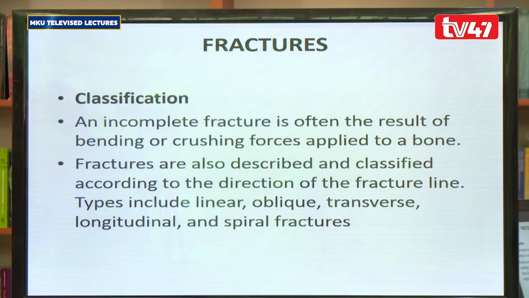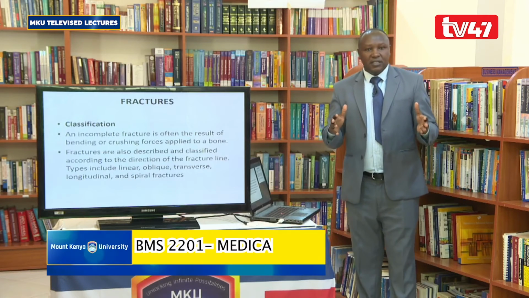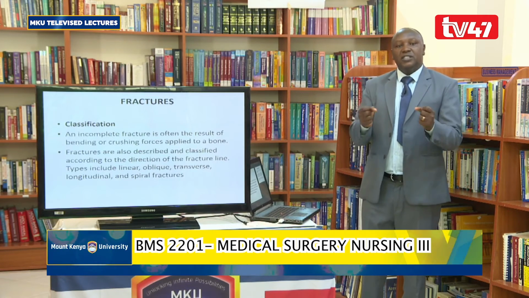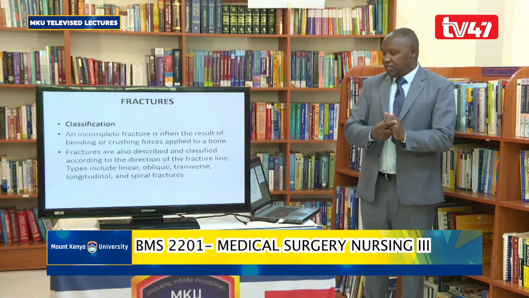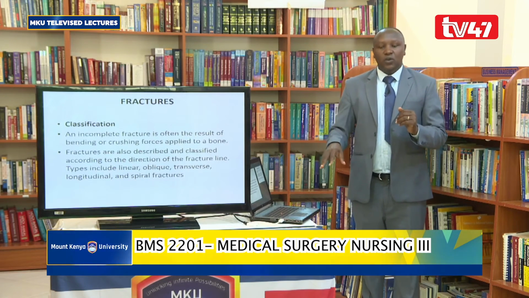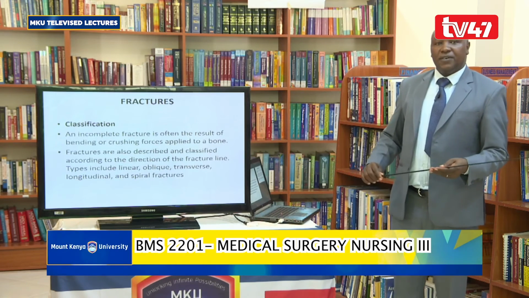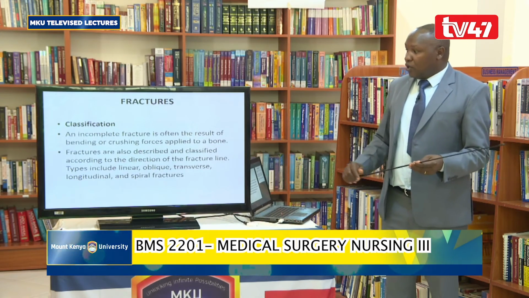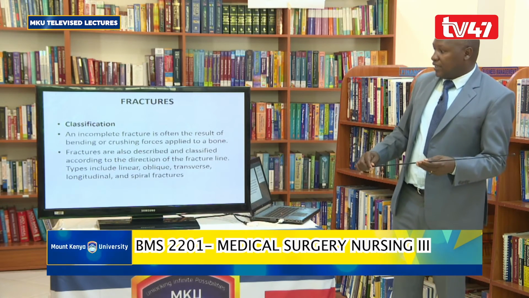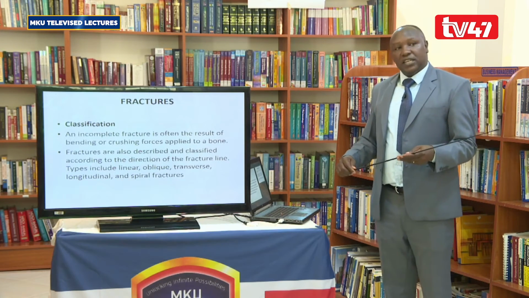An incomplete fracture is often the result of bending or crushing forces applied on the bone. Children, because their bones have not matured completely, are likely to have the incomplete type of fractures, while many adults usually have the complete type.